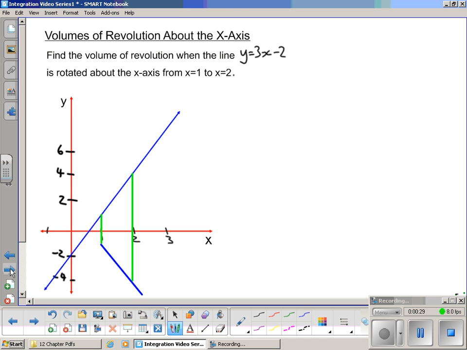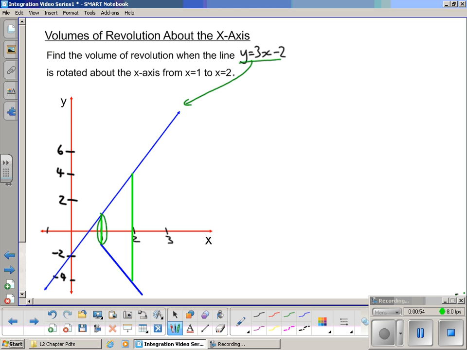Now y equals 3x minus 2 has been drawn on this diagram, and what happens is it gets rotated to form kind of like half a cone there, or most of a cone. It's a bit hard to spot, but I'll try and draw an illustration of this.